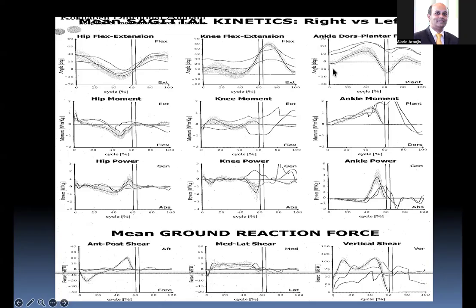Because if you look at the ankle again, you can see that this is the normal ankle kinematics, where there's the first ankle rocker, the second ankle rocker in mid stance, and the third ankle rocker of deep plantar flexion in pre-swing. And here you can see that this patient is in dorsiflexion throughout the gait cycle, both in stance as well as in swing.